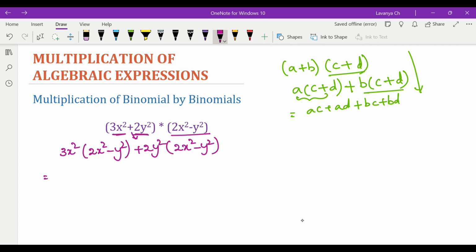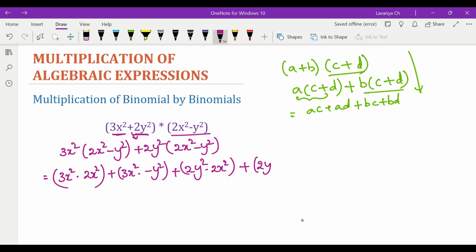This is now again 3x square into 2x square, plus the monomial 3x square into minus y square, plus 2y square into the first term from the binomial, 2x square, plus 2y square into minus y square.